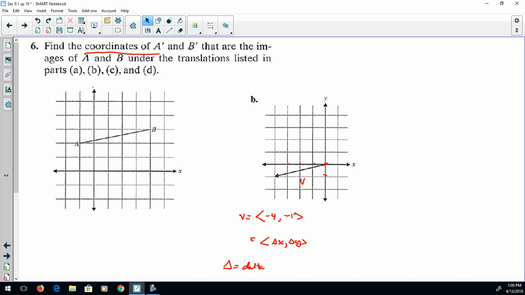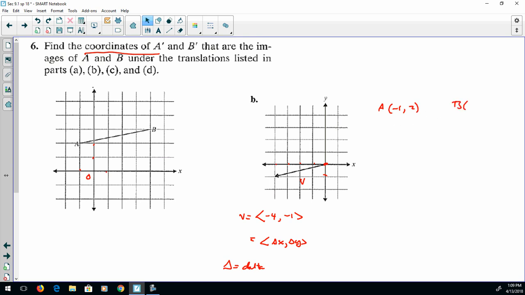So let's go over here and do that. Here's my point A. If this is 0, then 1 is 1 to the left, so it's -1 for the X and 2 for the Y. And my point B is 1, 2, 3, 4, 1, 2, 3.